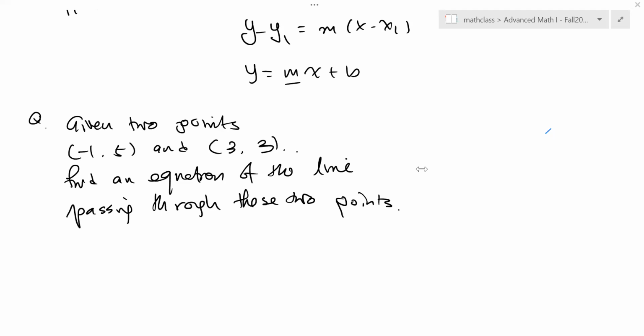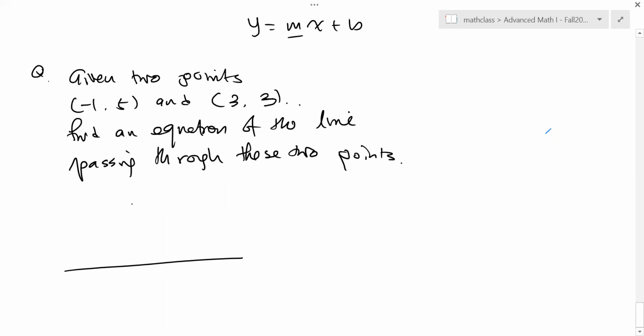Harry, William Ma. First of all, use the 2 points to find the slope. You sketch it out: -1 and 5 is here, 3 is here, and this is a line passing through here.